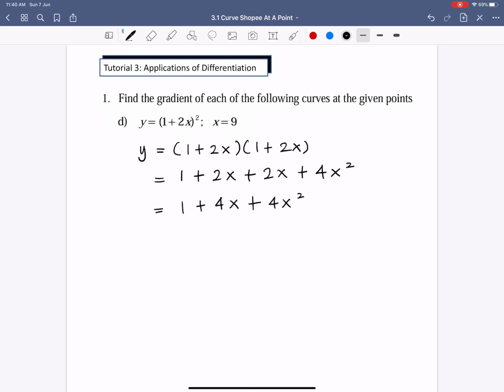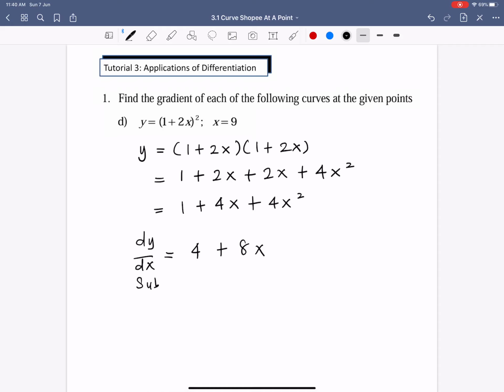What's next is we want to find the gradient, where the gradient is dy/dx, and dy/dx is 4 plus 8x. In this case, we want to find a specific value for dy/dx, which we can find by substituting x equals 9.